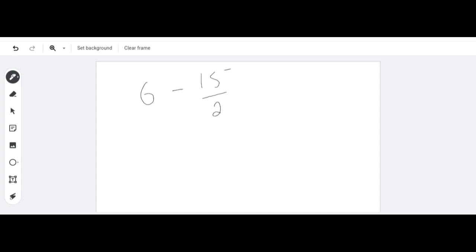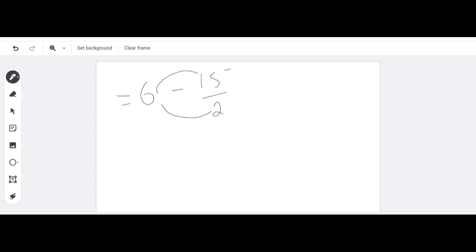Now, how will I solve this? 2 ones are 2. If 6 is separated with 2, then I have to subtract 15 also. Do you know how we can solve this term, where 2 is multiplied with this term and subtracted with this term?